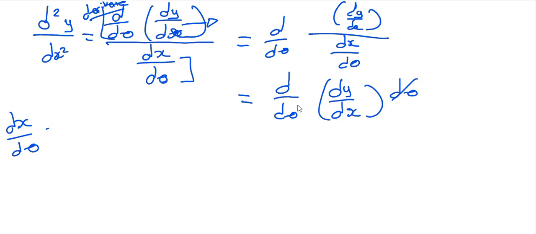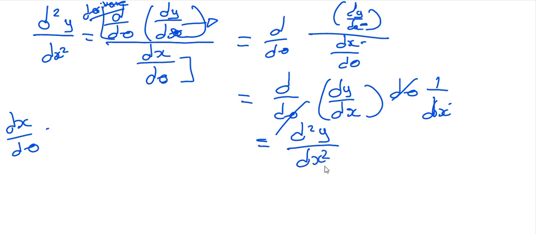Remember, this goes away, and here we are left with the x outside, which is going to be 1 over dx. So this is how you get d squared y over dx squared.